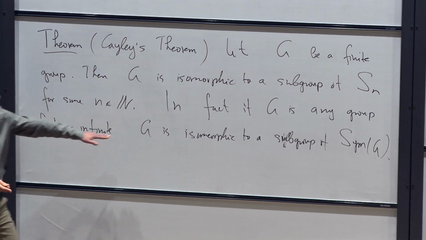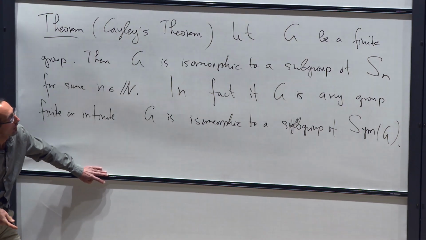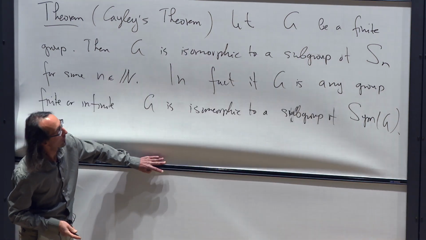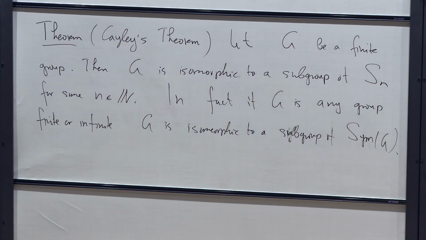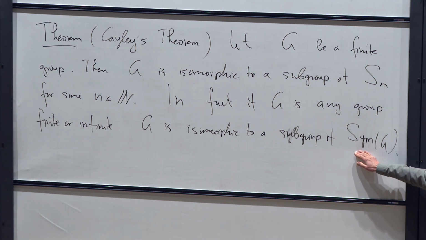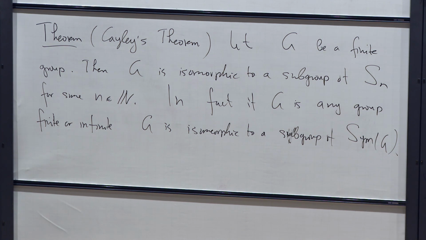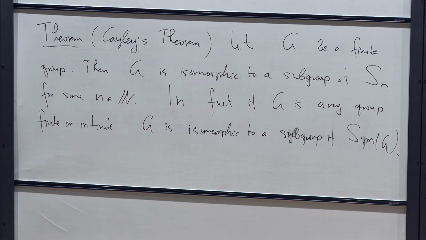So the more general statement is this, that any group is isomorphic to a subgroup of the bijections of the group itself. Now, if the group is infinite, the problem is that this group is very big. If you have an infinite set, the set of bijections of it is uncountable at the very least, as it's easy to see.